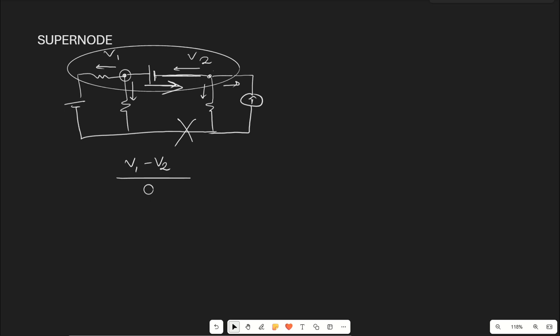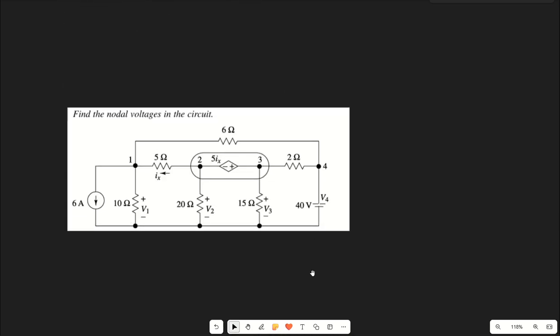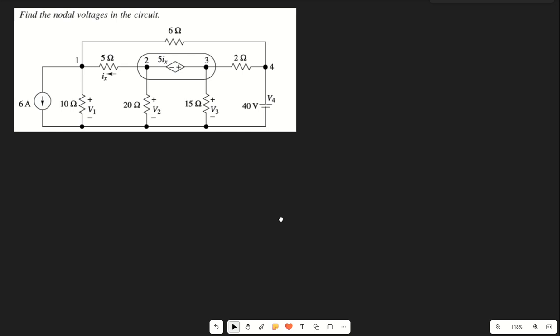Okay, so now let us consider a circuit which contains a supernode, and see how we can solve the problem. As you can see here, this is a circuit. We have to determine the voltages in the circuit. So how many nodes do we have?